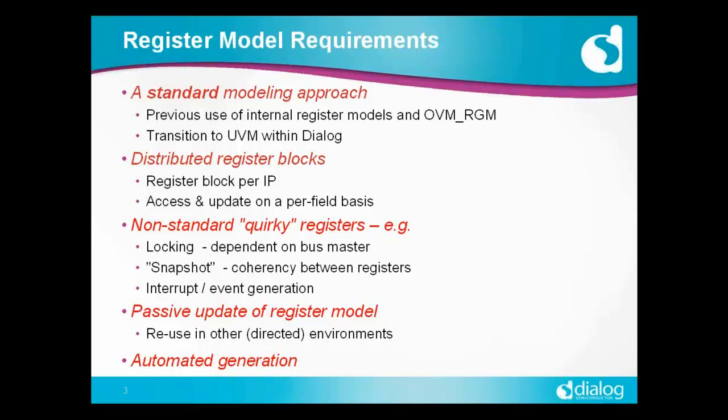The main thing that I feel the UVM Register Layer gives you is a standard modeling approach. I think all of these register modeling environments, including the homebrew ones, do the same kind of tricks. But since the transition to UVM within Dialog, one of the key benefits is that we'll all move to a standard modeling approach.